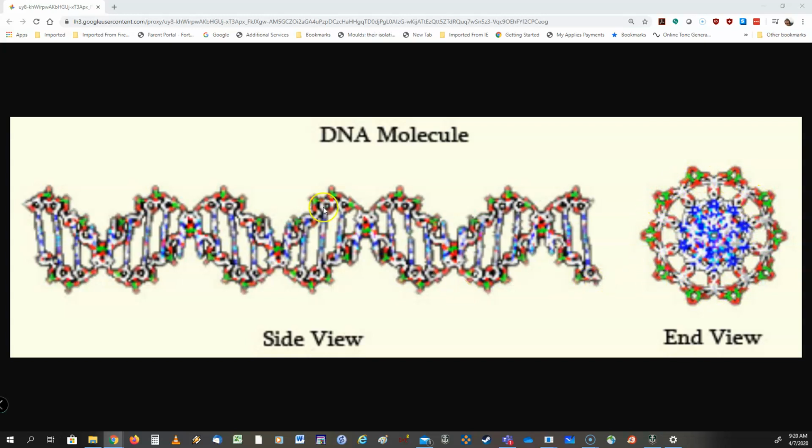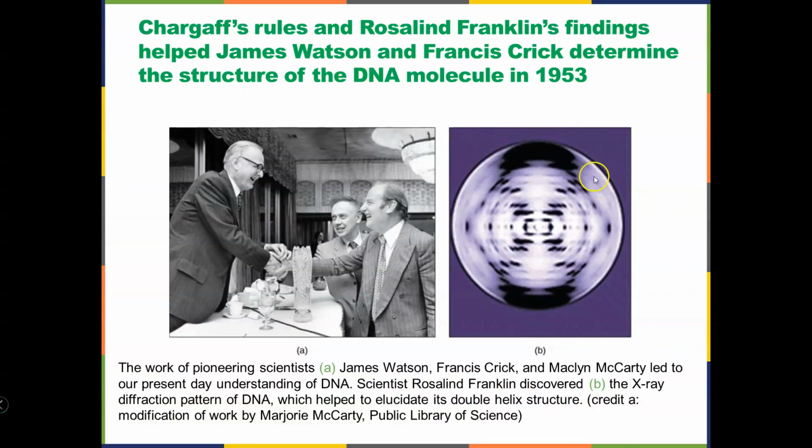Anyway, that's the idea. And so Rosalind Franklin's X-rays gave this picture right here, which you can decipher. So what's happening is, here's the two chains right here, very close to the source of X-rays.